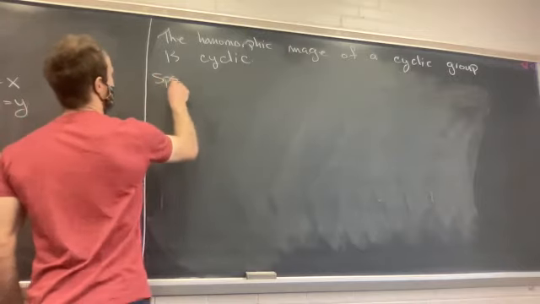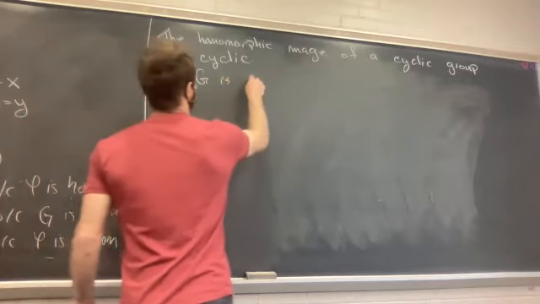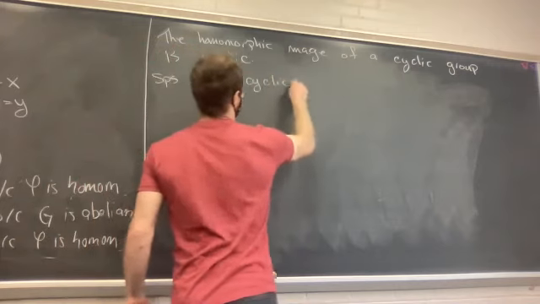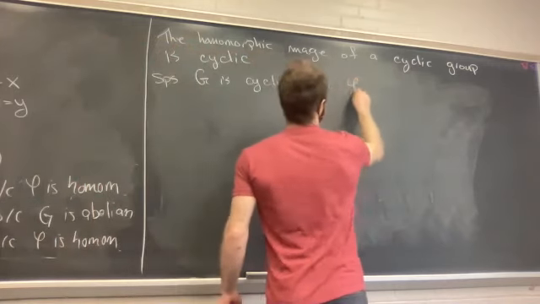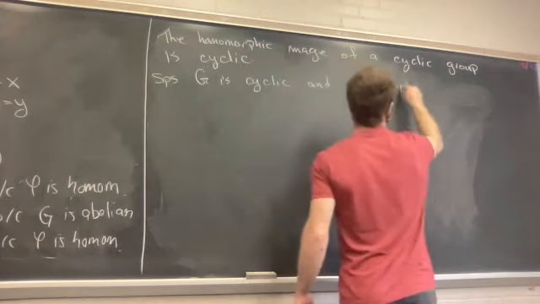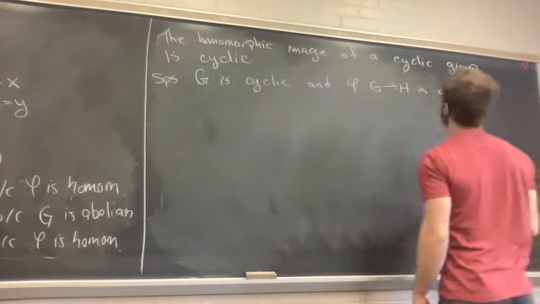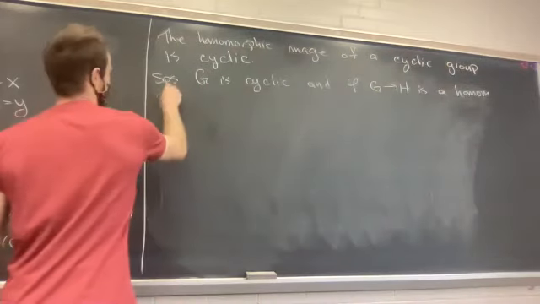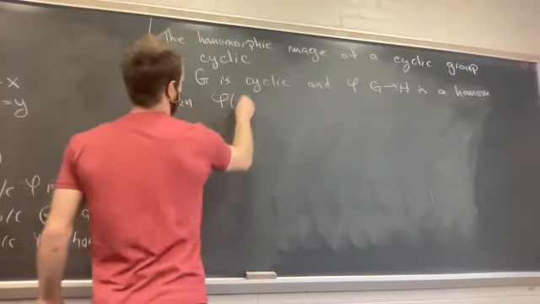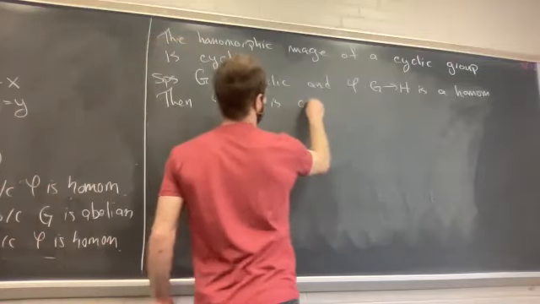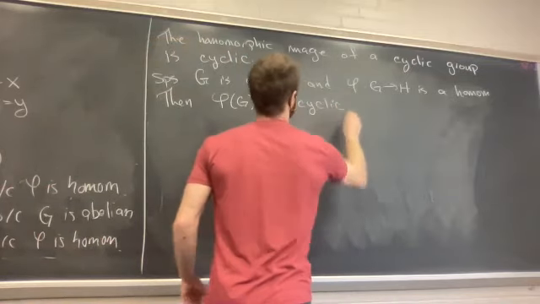Let's suppose G is cyclic and phi from G to H is a homomorphism. Then phi of G is cyclic.